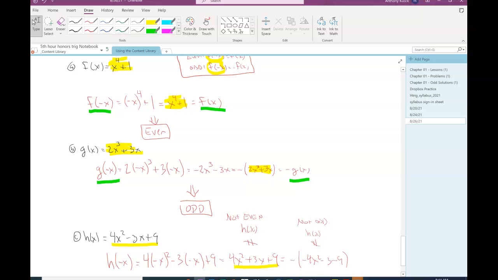Okay. Now there's something about these polynomials that I can look at and tell whether they're going to be odd or even. So what property of the polynomial do you think we can look at? Okay, so what is it about the exponents that is telling me that? Whether the exponent is even or odd.